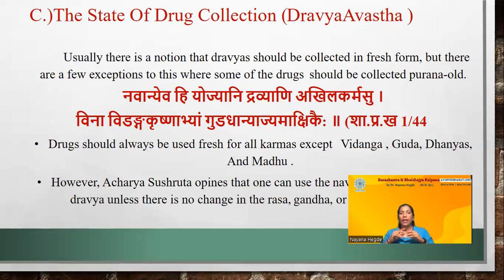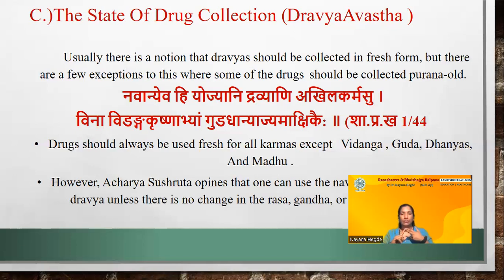Exception is vidanga. In the dravyas, exceptions are vidanga, krishna, that is maricha, guda, jaggery, dhanya. Dhanyas means cereals and pulses, shami dhanya, simbi dhanya, which you studied in Ashtanga Hridaya.